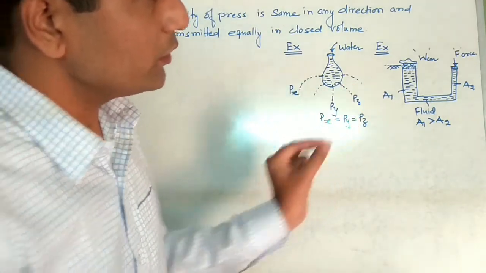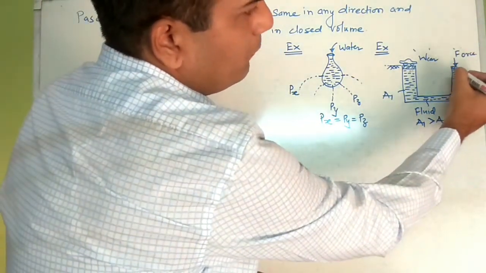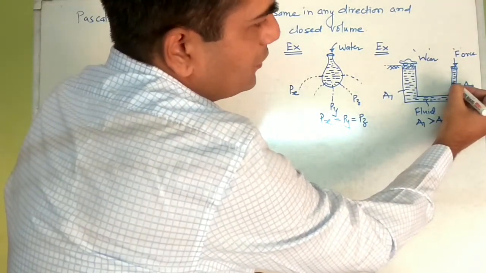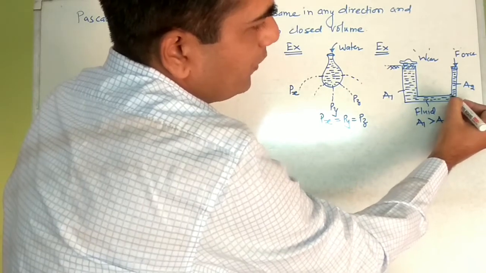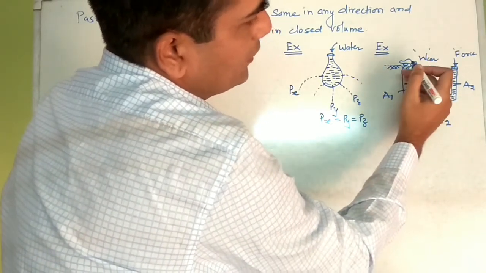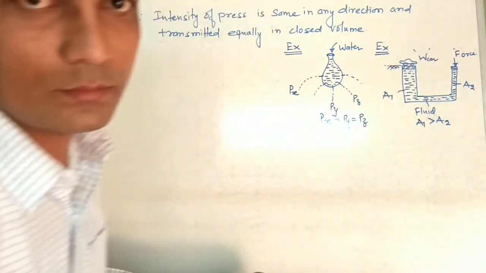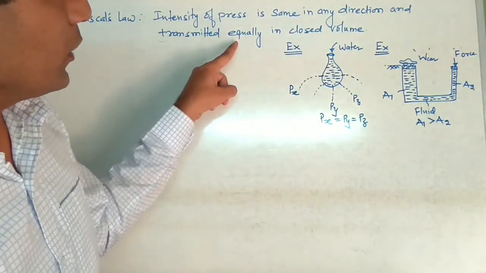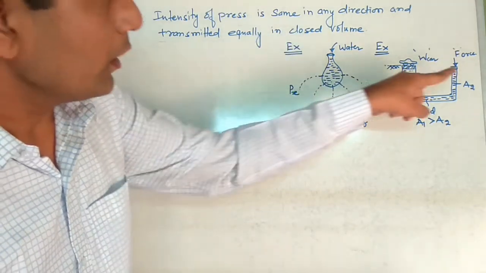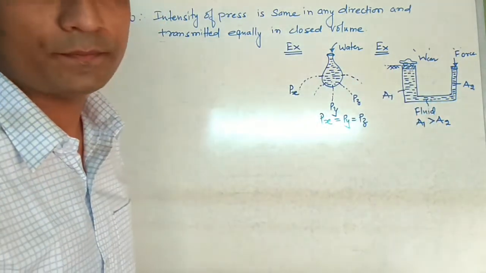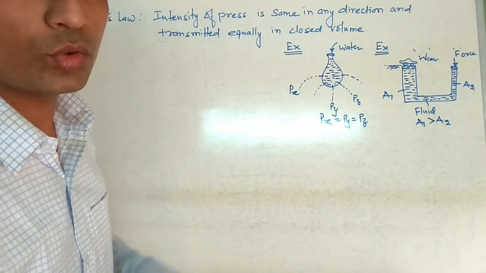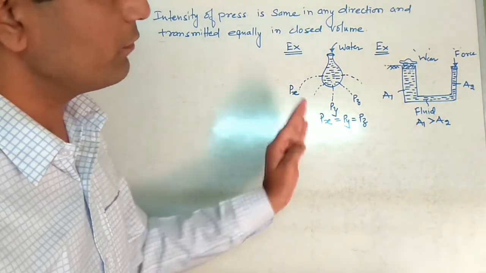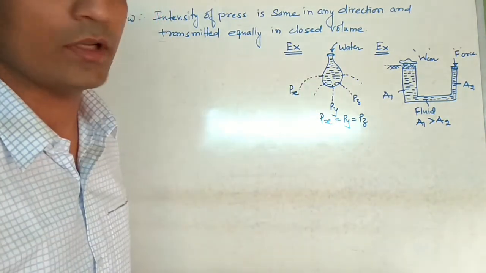Now how is Pascal's law used? When force is applied with a minimum force, the pressure intensity transfers that force in every layer, and it is transferred to the car also. From that it is lifted. So, transmitted equally in a closed volume. Now this volume should be a closed one. You will come across different ideas and terms further.